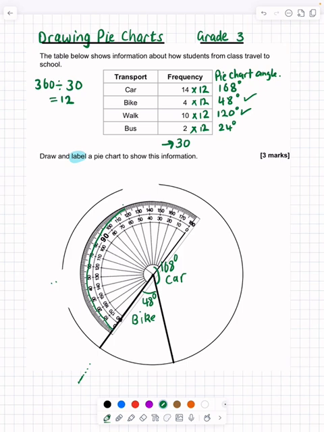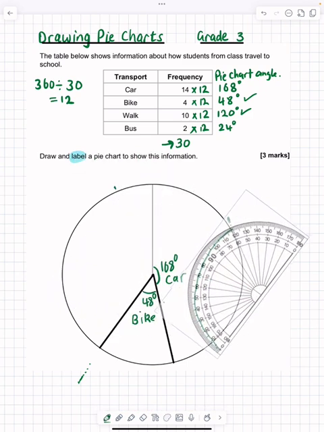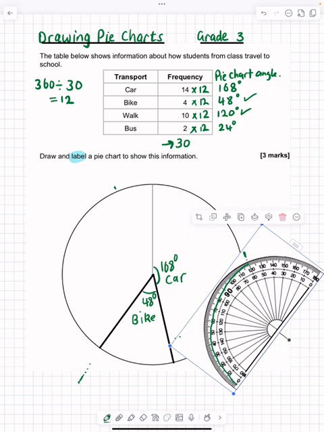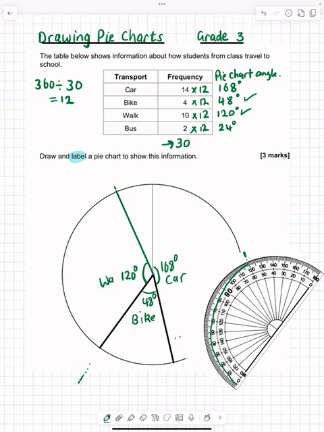So that would be the line. We just need a point there. Take the protractor away and draw the line from the center to that point. So that is 120 degrees, and we label that as walk.